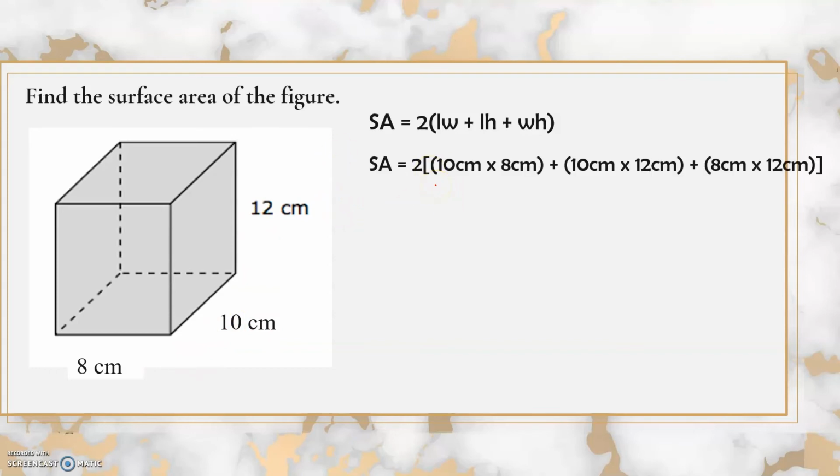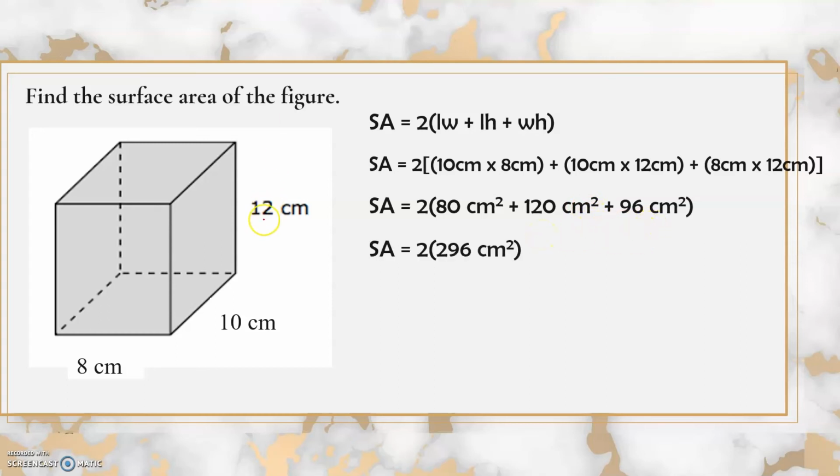Performing the operations correctly will give us 2 times the sum of 80 square centimeters, 120 square centimeters, and 96 square centimeters, which is equal to 2 times 296 square centimeters, and that will result to 592 square centimeters. So this is the surface area of this rectangular prism here.